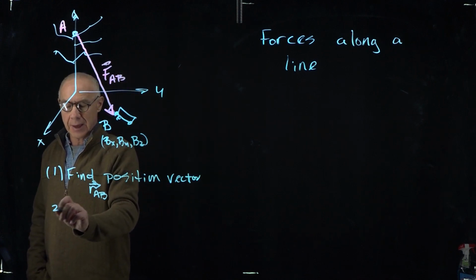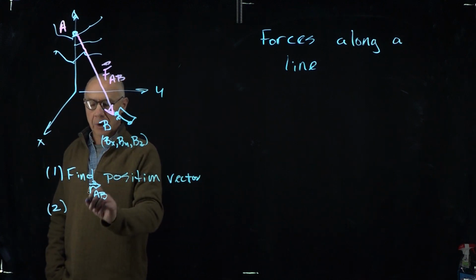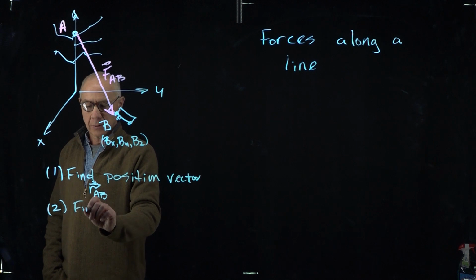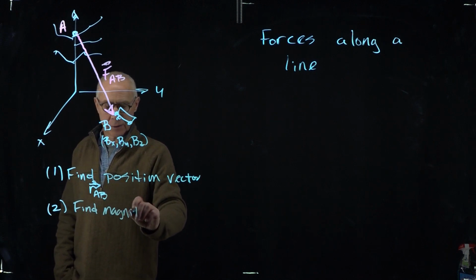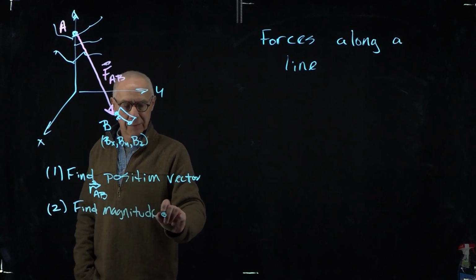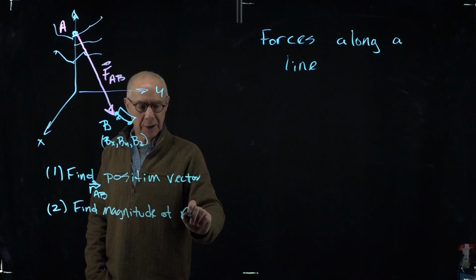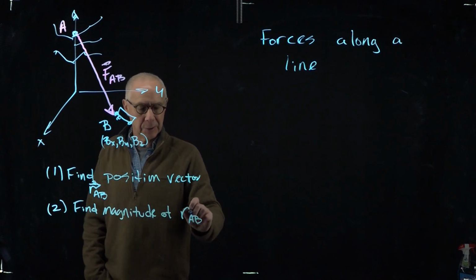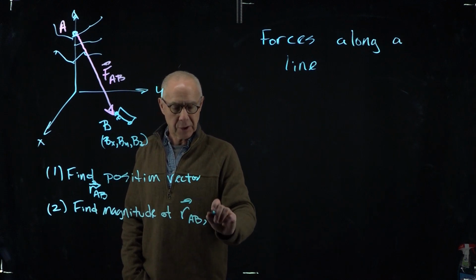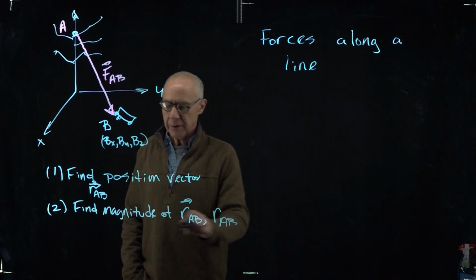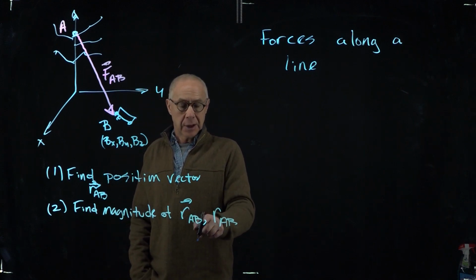And then the second step is to find the magnitude of our position vector, RAB. And that magnitude I'll just call RAB.